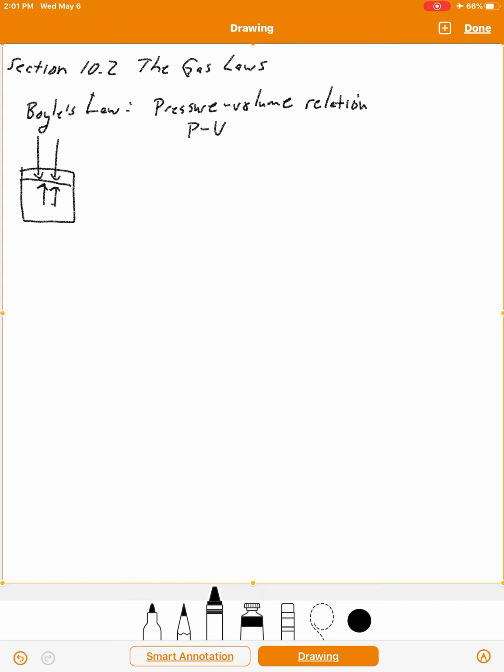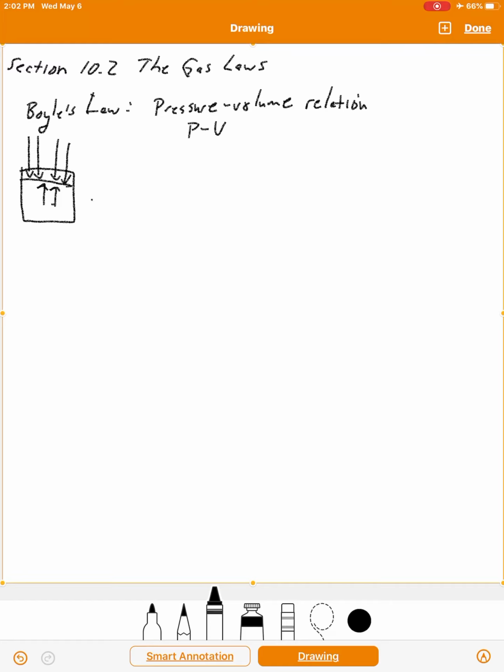And what will happen is eventually there will be some equilibrium. The piston will stop moving and it'll be stable, quasi-stable anyways, when the two pressures are equal to each other. Now the question then is, what happens if we apply more pressure on the outside? So we push with even more force down on the piston.